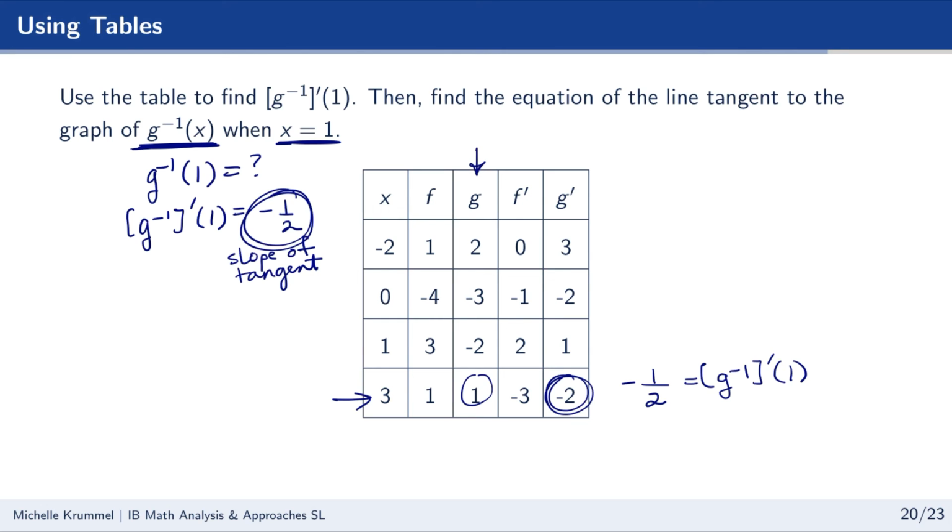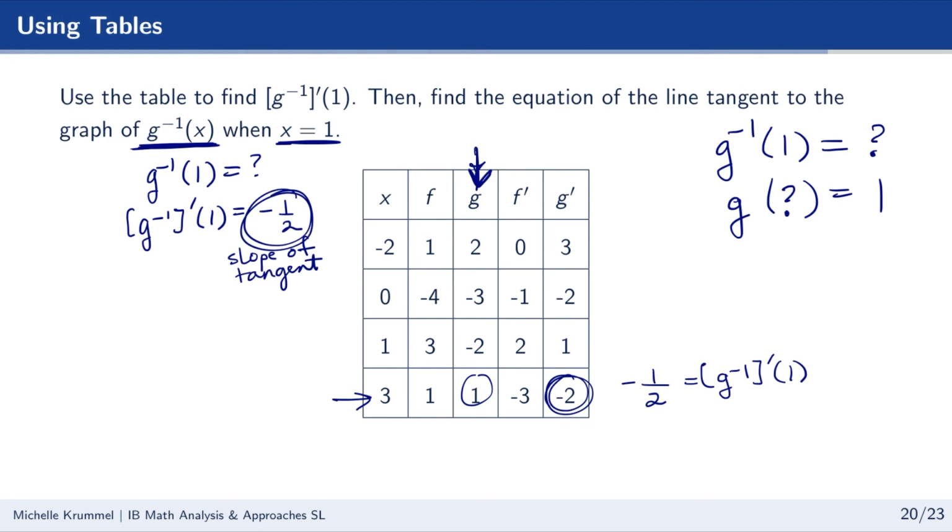Now we need to get the point of tangency when x equals 1 by finding g inverse of 1. g inverse of 1 equals, I'm just going to say question mark. Now we can figure this out from the table because we know if we switch the input and the output, so in other words, put the question mark here and the 1 here, then that's the inverse of g inverse, which is just regular g. So g of what equals 1? Look at your table. Here's g.